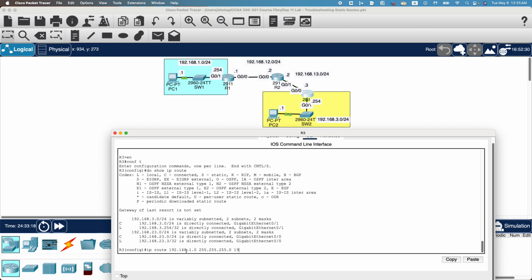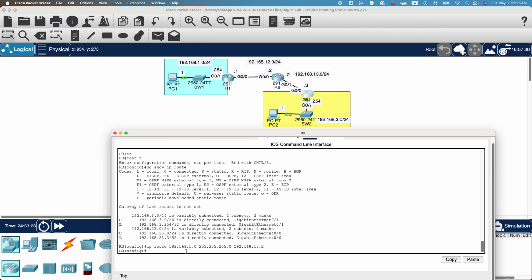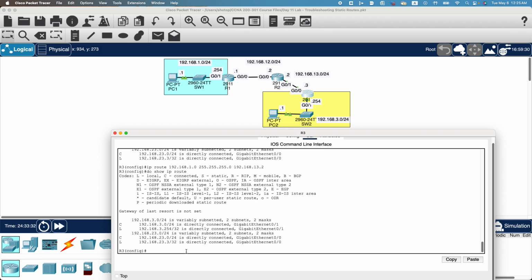No, just do it the same way I've been doing it. 192.168.13.2. All right. Do show IP route. Now I don't see a static route. Why?